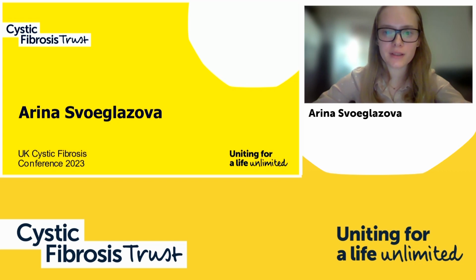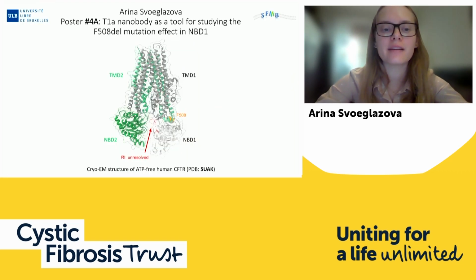Yeah, thank you so much for the introduction, Katerina, and hello everyone. So we all know that the main reason for cystic fibrosis development is mutations which occur in the gene coding for cystic fibrosis transmembrane conductance regulator. The CFTR channel is required for chloride transport and fluid balance.